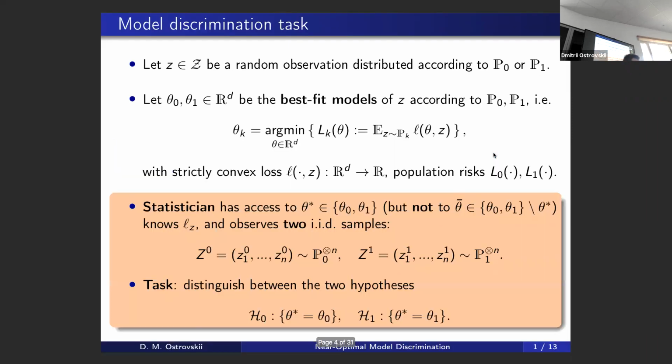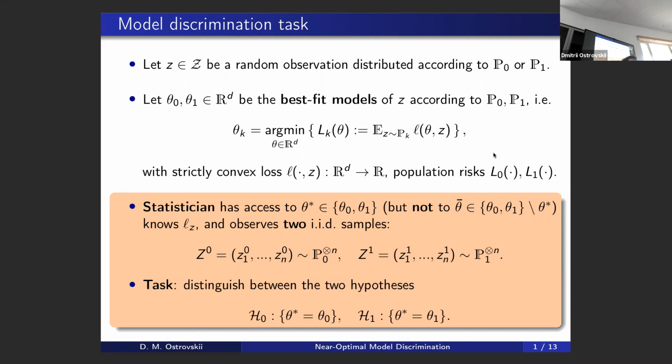So let's start. What is the general problem? What we call model discrimination. Maybe it's not the best name. Let Z in a space, calligraphic Z, be a random observation. There are two possibilities for the distribution of this observation, either P0 or P1.